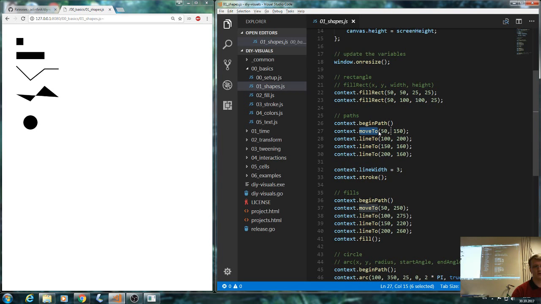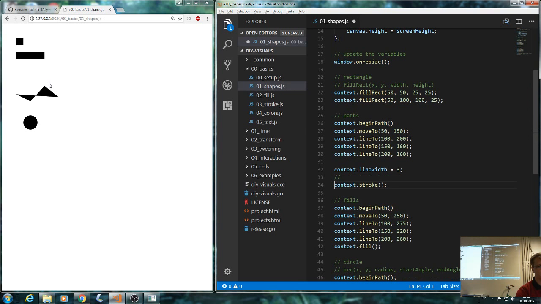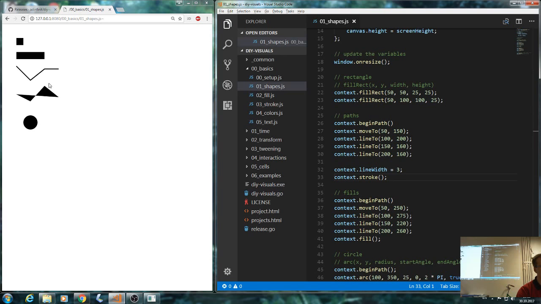We start from somewhere and then draw some lines, and then we ensure that we actually draw it on the screen, this stroke command. Because this part here actually doesn't draw it yet. So when I remove this part here, you can see this thing here disappeared because now it's not being drawn.